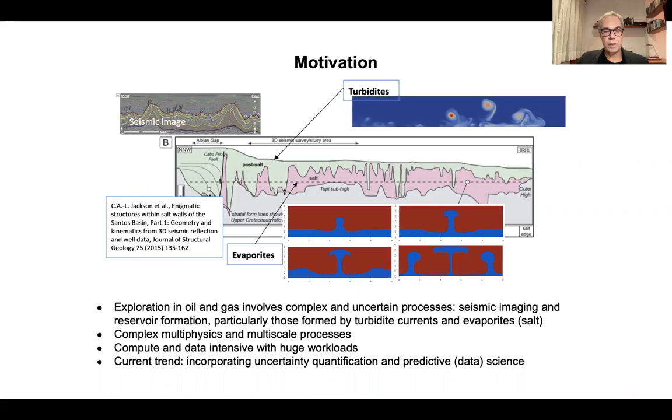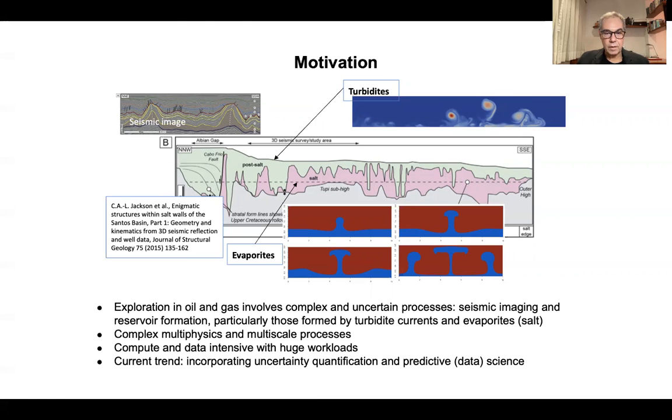Well, our motivation here, you can see in this picture, basically a sketch of how the oil reservoirs in Santos Basin in Brazil are represented.